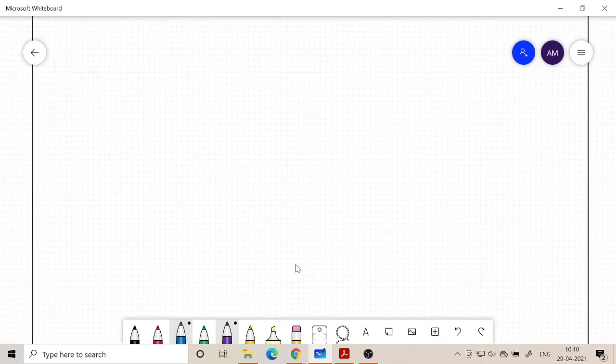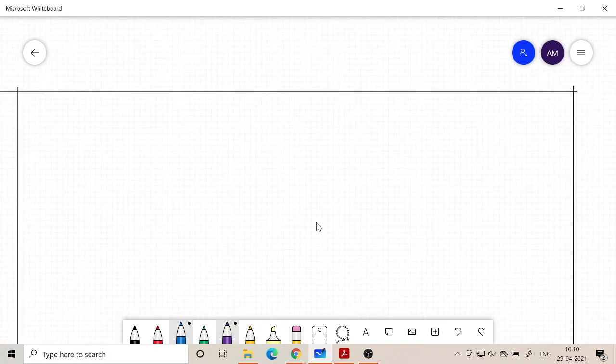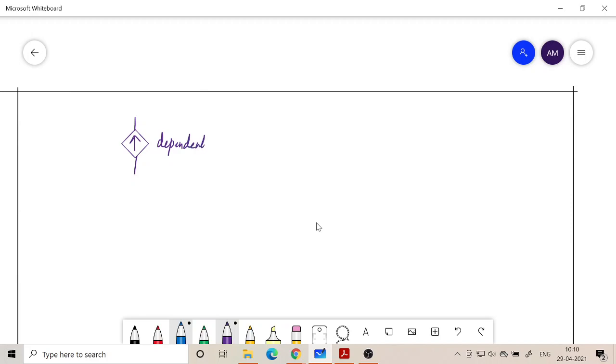Now the other two also, let me just mention it. The other one is, you can have a diamond current source like this. So this is a dependent current source. Again, these are of two types. The current produced by this dependent current source depends on some other voltage or some other current.